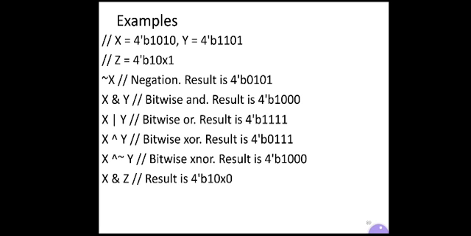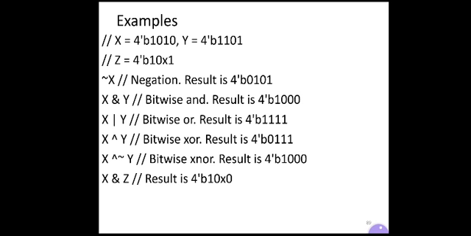Then the next example, X or Y. Perform the OR operation on X and Y values. So the result is 1111, because all the bit positions contain at least one 1.